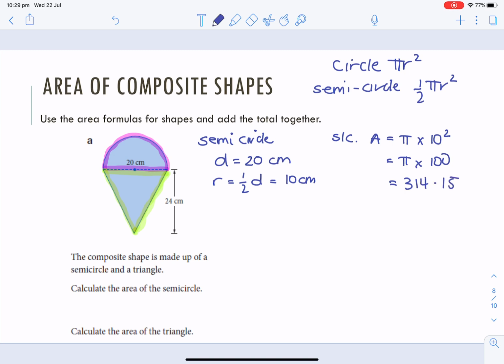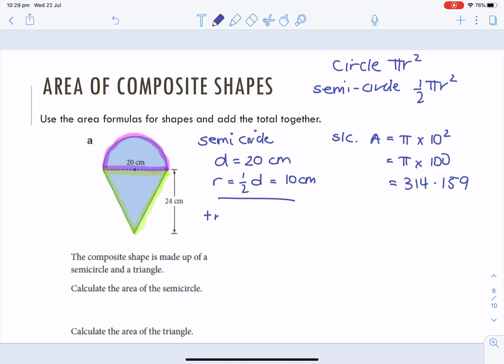Do I go further? Yeah, might as well. 314.159. We'll see what the area of the triangle ends up as. It doesn't actually tell me how many decimal places to keep it though. We'll keep it nice and rounded in a minute.